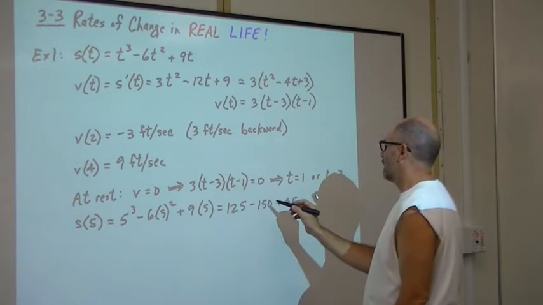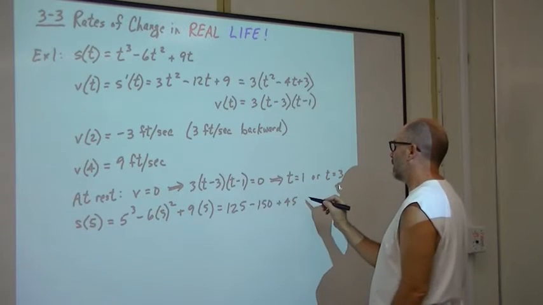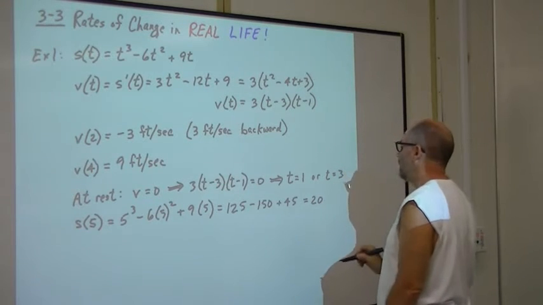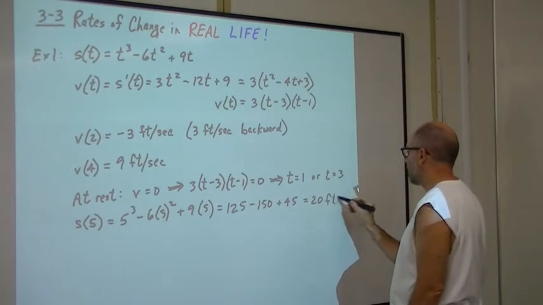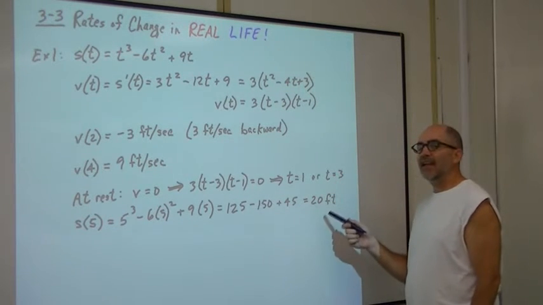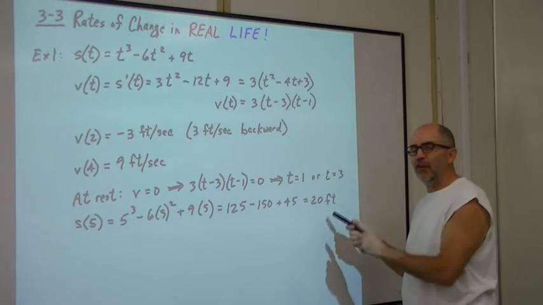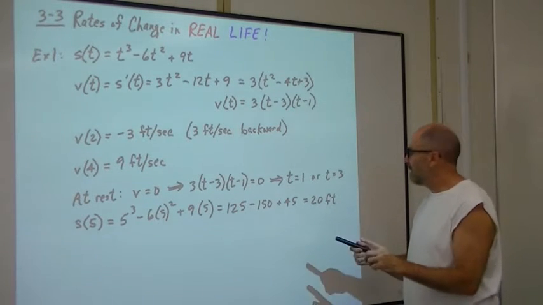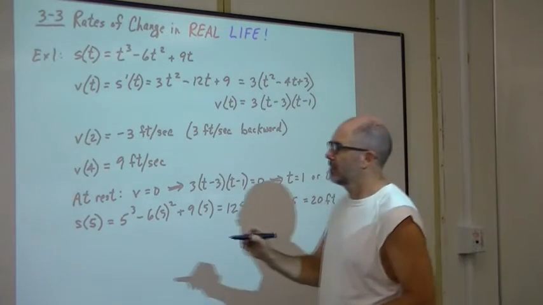So we've got negative 25 plus 45 is 20. What this says is, this particle in 5 seconds ended up 20 feet further ahead than where it started. That's its displacement.